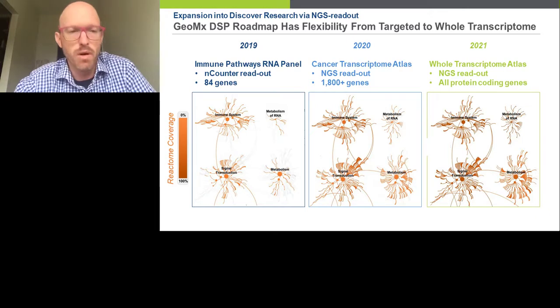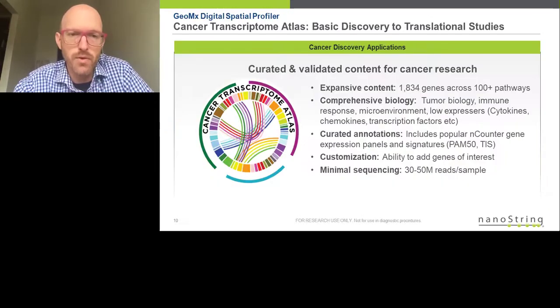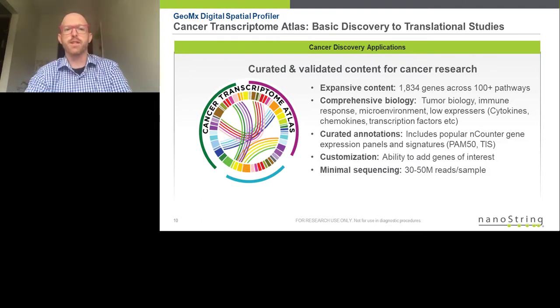So to focus a little more on the atlas that we use today, this has over 1,800 genes. It covers a wide array of pathways. So everything from B cell and T cell biology to stromal architecture and the immune microenvironment. Also quite a bit of tumor biology.